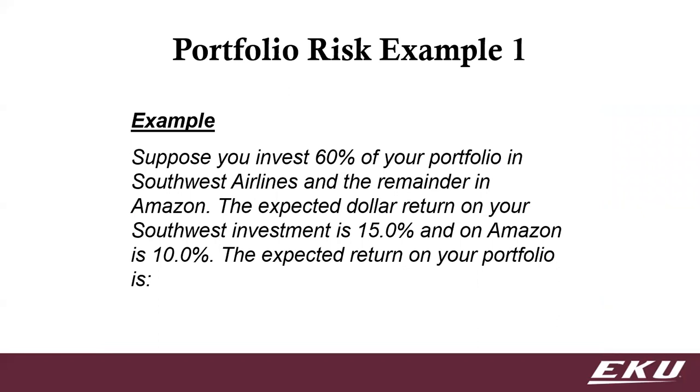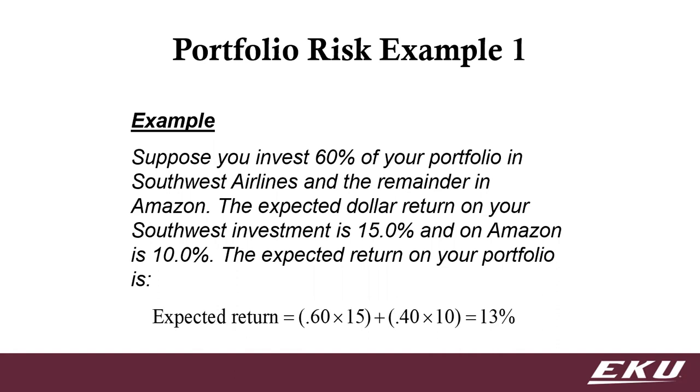Okay, so I'm going to go through this example. It's going to be a little long, but hopefully it'll make sense as I do that. Suppose you invest 60% of your portfolio in Southwest Airlines and the remainder in Amazon. The expected return on your Southwest investment is 15%. Amazon is 10%. What's the expected return? We've done this before.